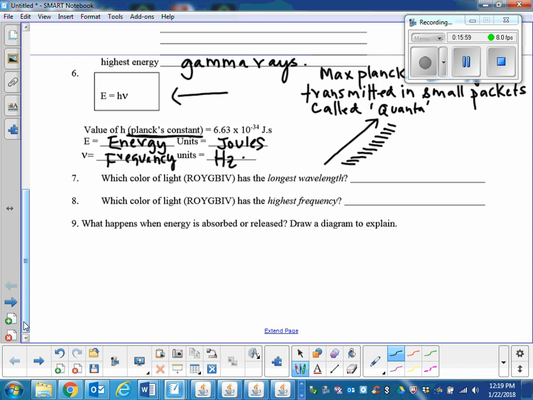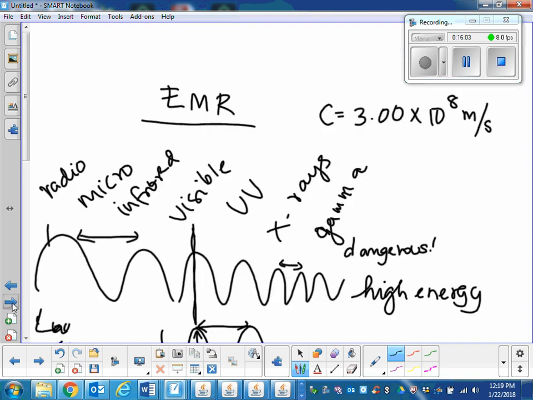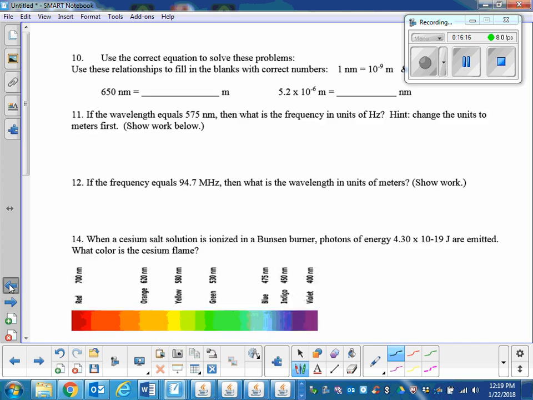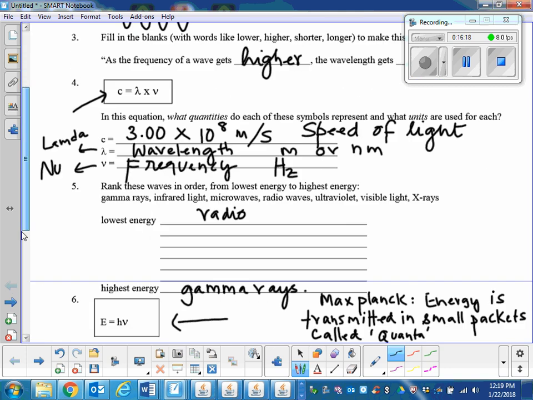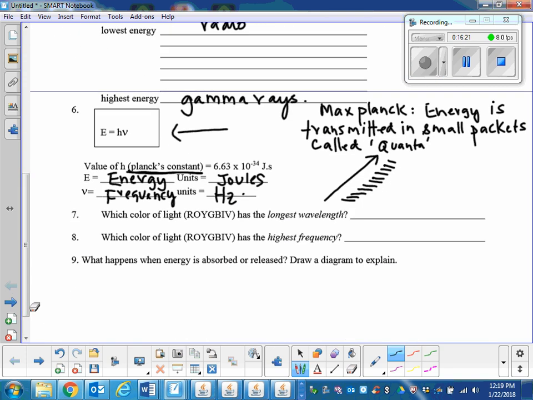Having said that, in the visible region we have ROY G BIV, and these are how the colors are arranged in the electromagnetic spectrum. Which color will have the longest wavelength? Red. And which will have the highest frequency? Violet.